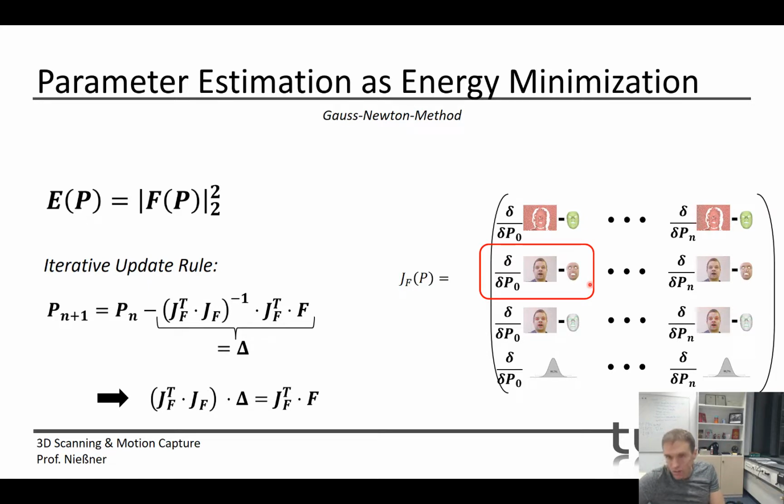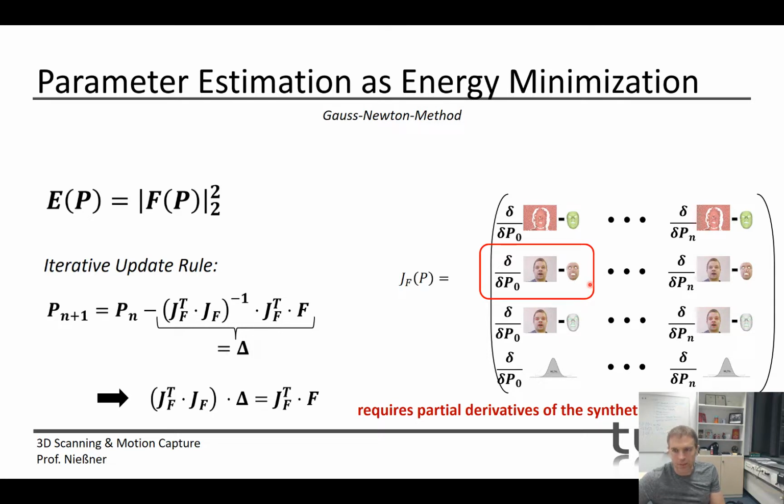Now this part here is not so straightforward, because what we would like to do is compute partial derivatives of the synthetic rendering with respect to the parameters p. In other words, I would like to know: if I change my parameters p in a certain way, how do my 2D values actually change in RGB space?